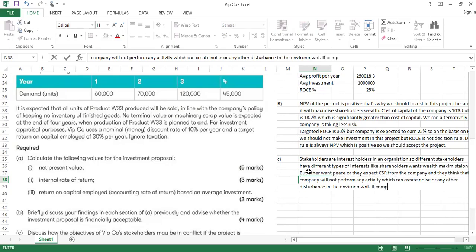If company will not accept the project due to noise, so it will not maximize shareholders' wealth.